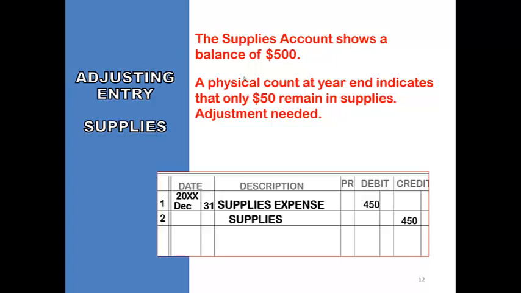So if we started with 500 and we only have 50 left, that means we used up 450 in supplies. So to indicate we used that up, we're going to debit supplies expense for the amount used, and we're going to credit supplies to bring that $500 balance down to $50. We're going to credit supplies for $450.